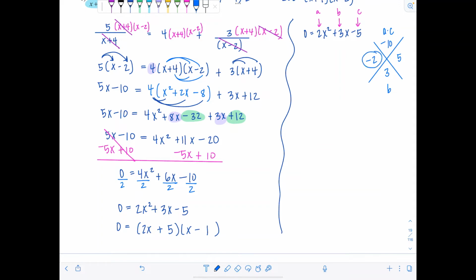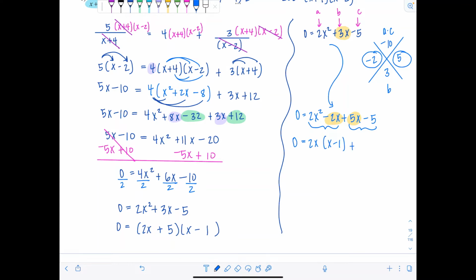And then you split the middle term with those numbers. So we have 0 equals 2x squared minus 2x plus 5x minus 5, right? If I were to combine these, I'd get back my 3x. So haven't done anything illegal. Then when you have 4 terms, you factor by grouping. So for the first 2 terms, I can take out a 2x, and I have x minus 1 left.